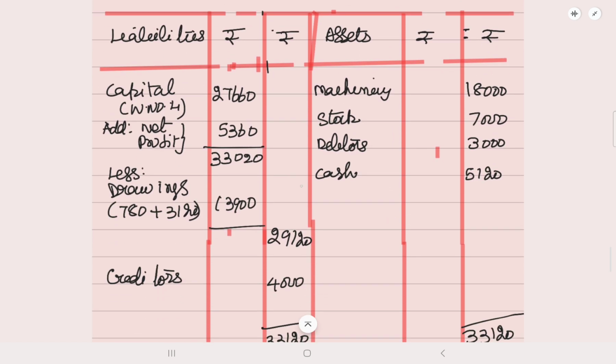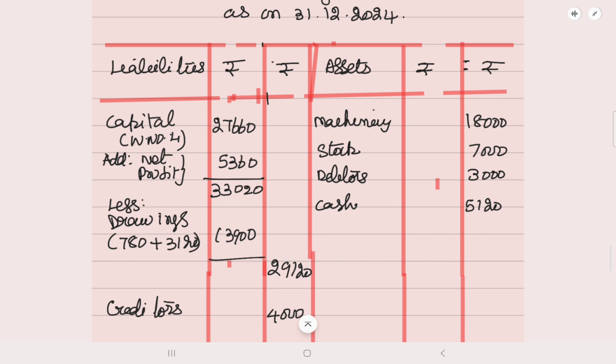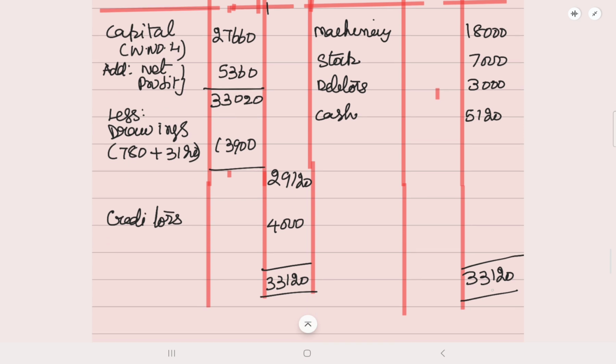So total balance capital 29,120. Creditor 4,000. So totally 33,120. Here machinery 18,000. Stock 7,000. Debtors 3,000. Cash 5,120. Total 33,120.